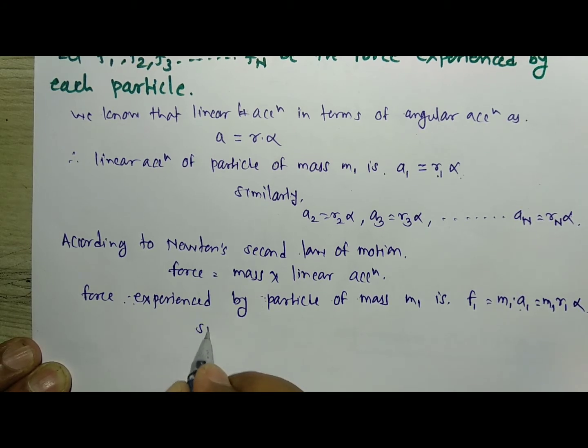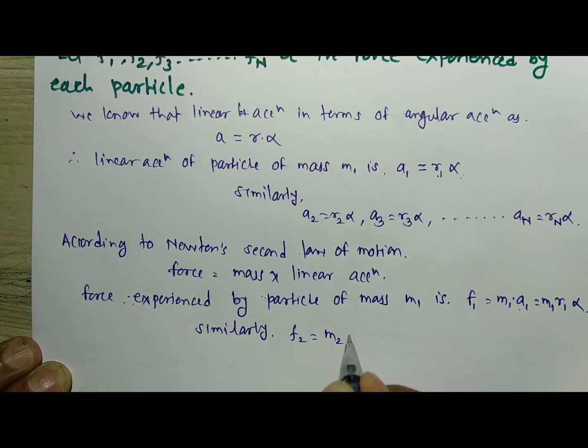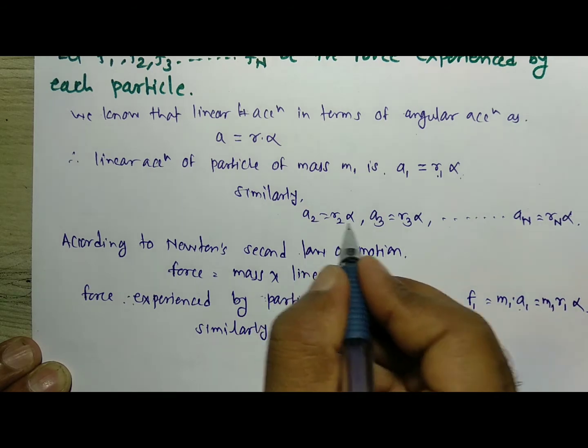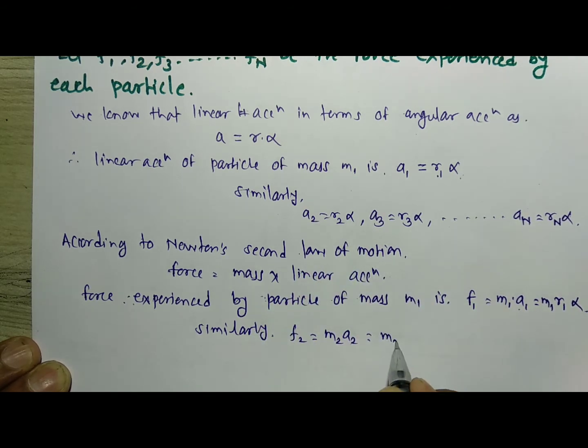Similarly, F2 is equal to m2 a2, and a2 is r2 alpha, therefore m2 r2 alpha.